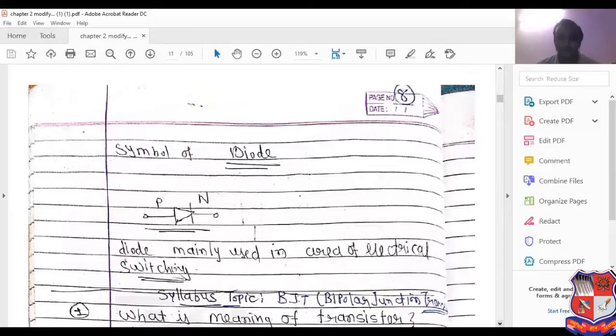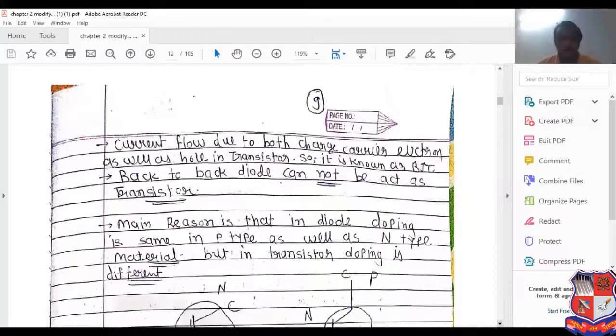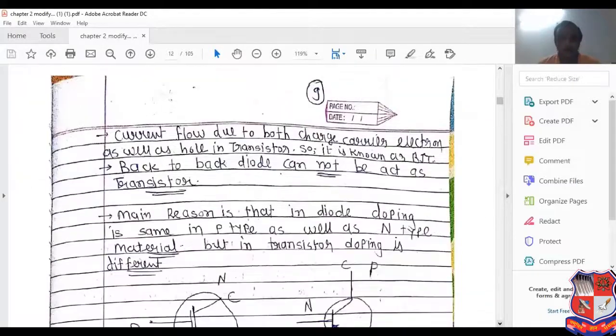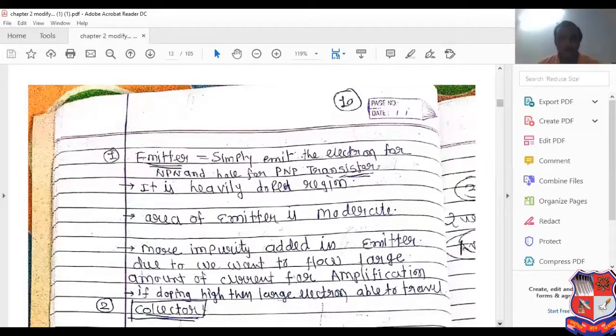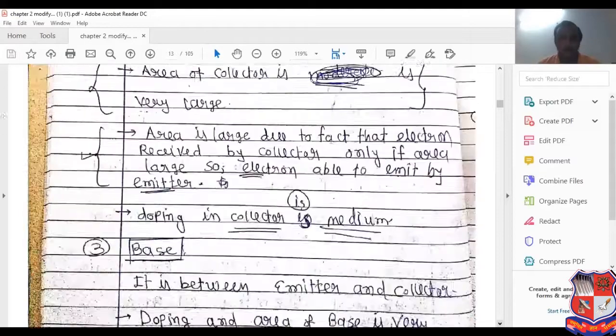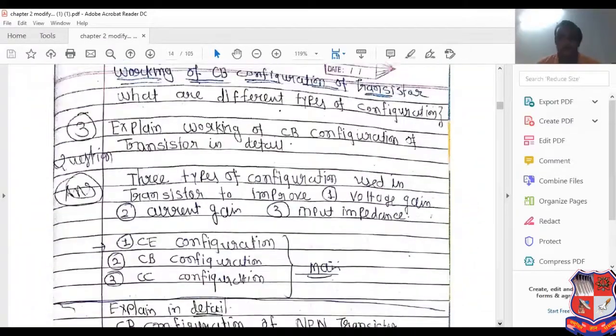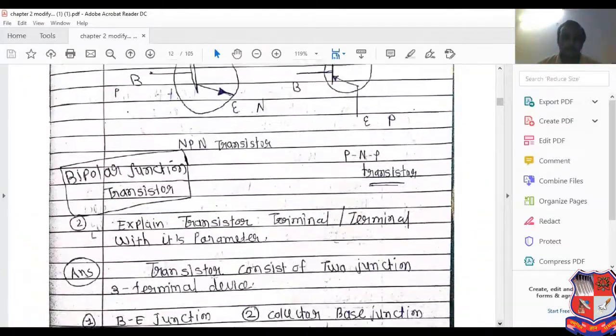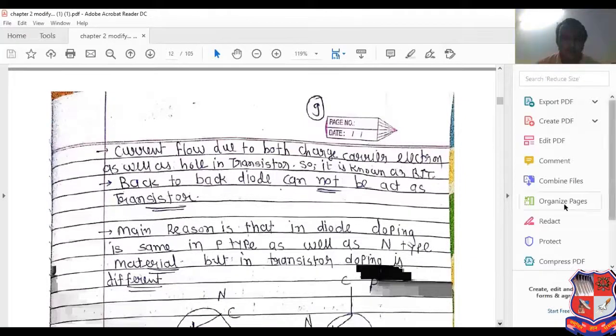There were already forward bias characteristics and reverse bias characteristics that we discussed in the previous lecture related to chapter number 2. Now we concentrate on the fundamental concept regarding the transistor.